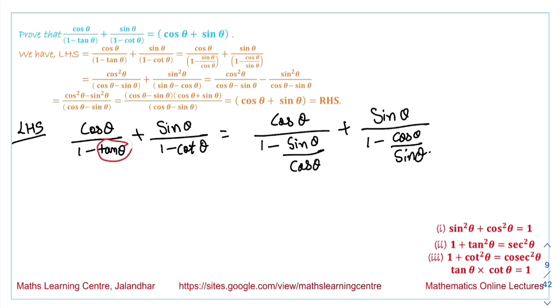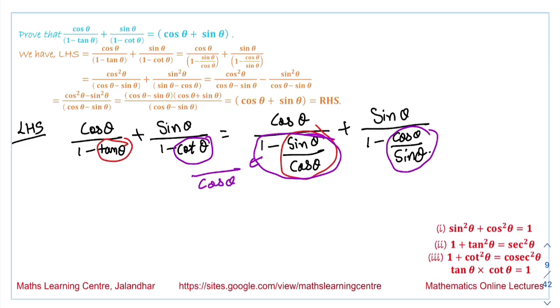We are writing in place of tan theta, sin theta over cos theta, and in place of cot theta we have written cos theta over sin theta. Now this denominator part, if we take the LCM, it is over cos theta, so cos theta minus sin theta. In this denominator part we take sin theta as LCM, so it is sin theta minus cos theta.